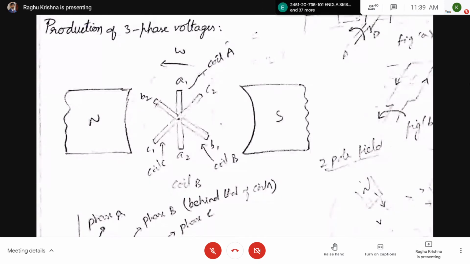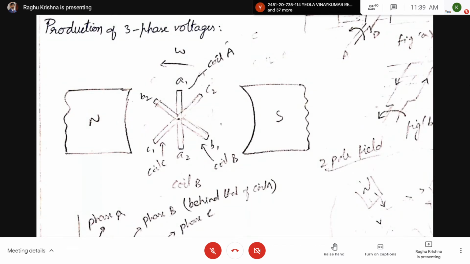After 120 degrees, you can see B1, B2. Here the coils are rotated in anti-clockwise direction with an angular speed of omega. After A1, A2, after 120 degrees, you can see B1, B2. After another 120 degrees, you can see C1, C2.